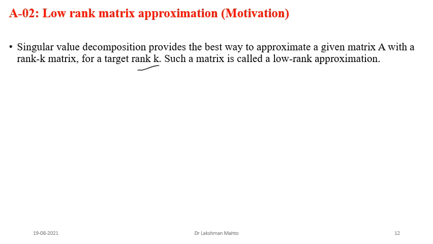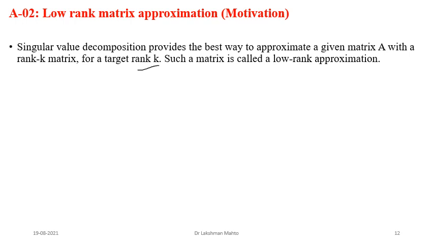It is our input, and based on that we can approximate the matrix by a rank k matrix using singular value decomposition, or truncated singular value decomposition. That means we truncate the r minus k singular values which have very insignificant, very small values.